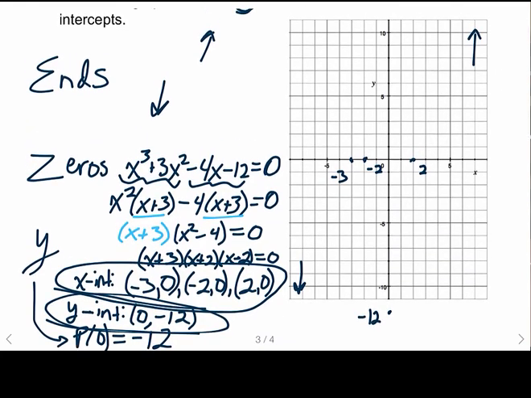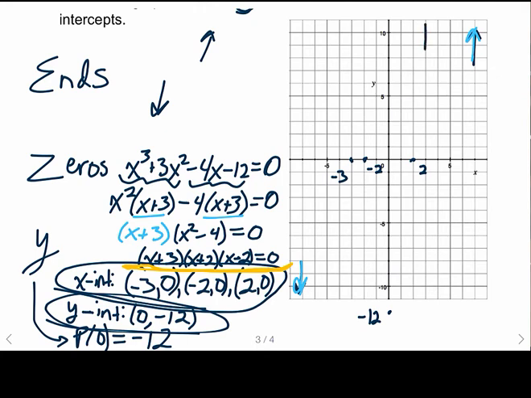Now, I have identified my endpoint behavior and my zeros. And because the exponent of each of the factors was 1, multiplicity being 1 means there's not really anything interesting going on at those x-intercepts. It's just going to cross normally. No wiggling, no bouncing.